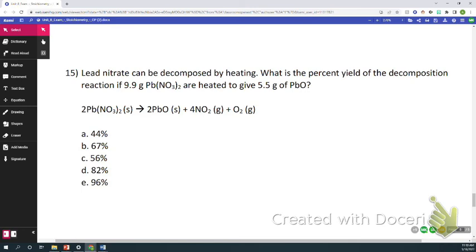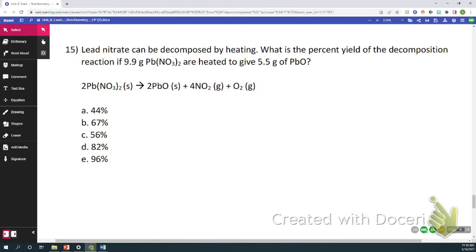Okay, number 15. So let's try this one. I want you to realize what they're saying here, okay? Lead nitrate, which is this, can be decomposed by heating. What is the percent yield of the decomposition reaction? This is a percent yield problem, everyone.